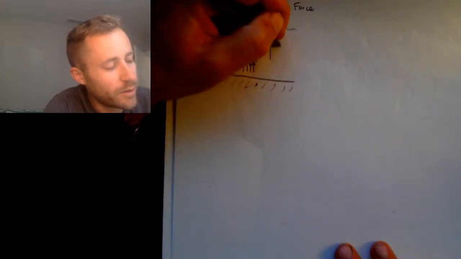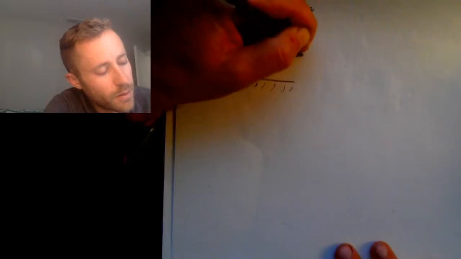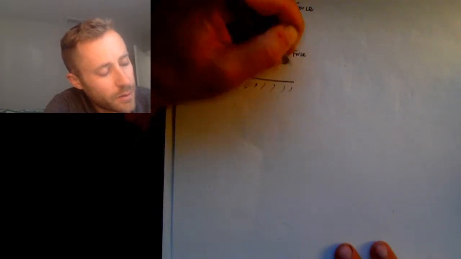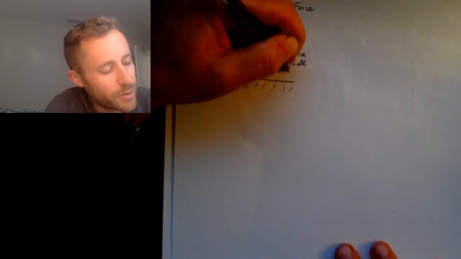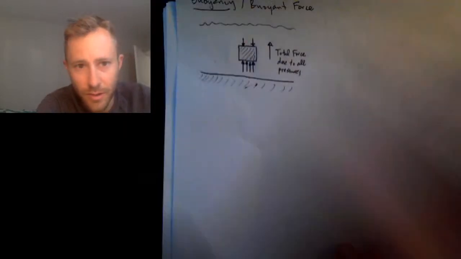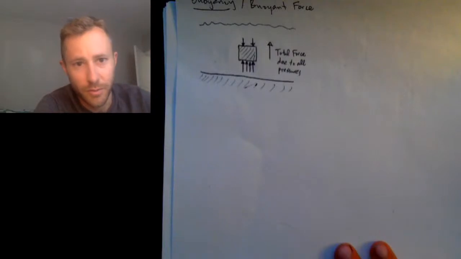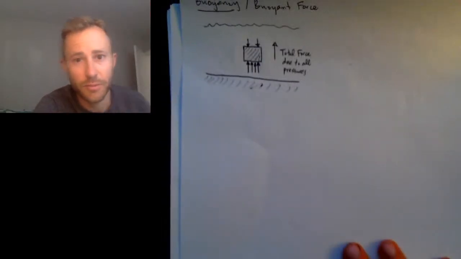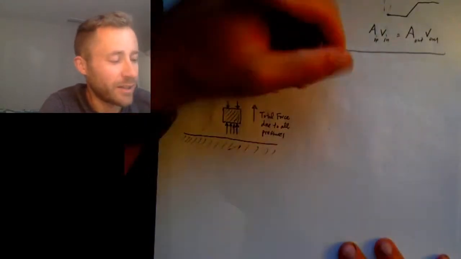So the total force due to all the pressures pushing on the object is going to be upward, because the bottom of the object is deeper than the top, so the pressure on the bottom side is greater than the pressure on the top side. That is the buoyant force.